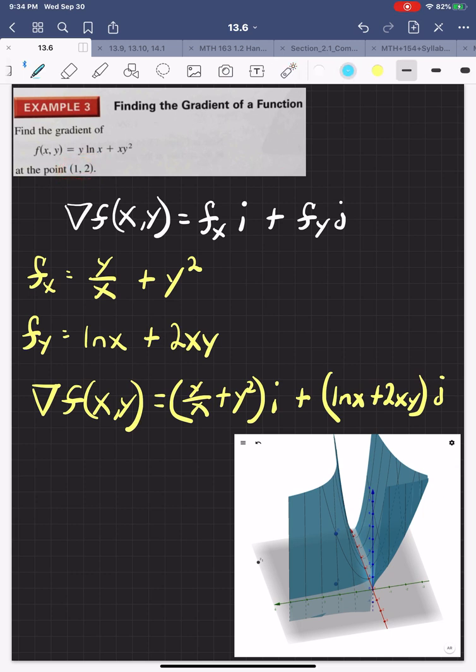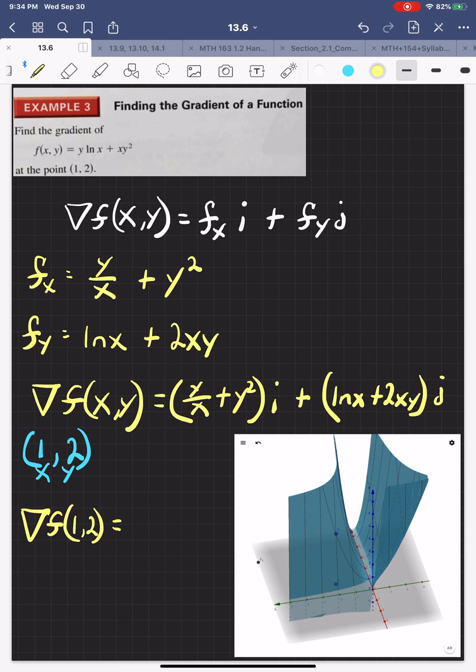So now let's take into consideration the point (1, 2). We're simply going to be plugging in x is 1, y is 2, and that is going to give us the actual direction. So, a little bit of arithmetic.